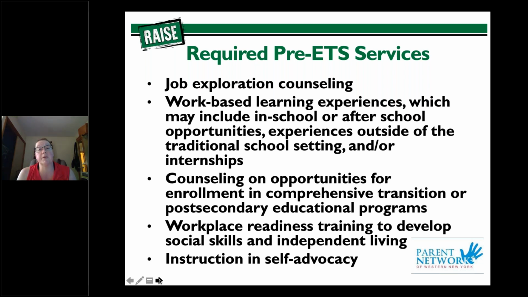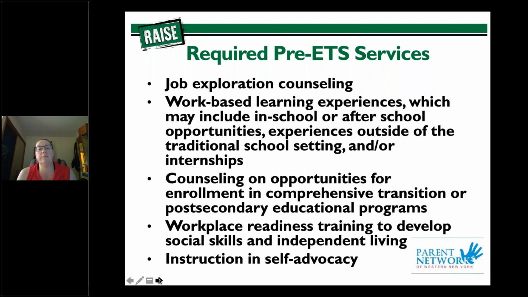So giving them an opportunity, a lot of these young adults may have never had any type of employment before. So this could be the first time, and this is really helping set them up in order to be a good employee. And then instruction in self-advocacy. Self-advocacy is a lot more than just speaking for yourself or speaking up.